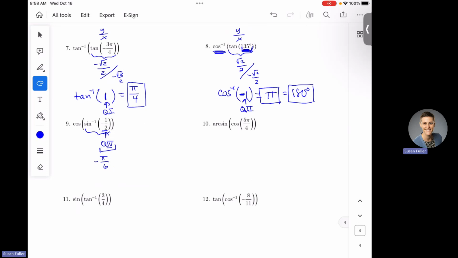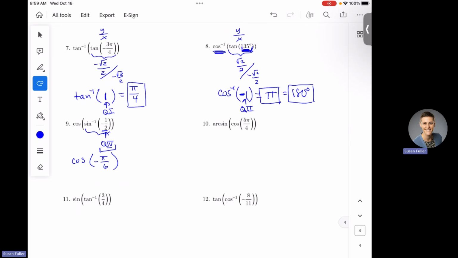If you have a hard time logicking that out, just subtract 2 pi from that 11 pi over 6. So when you subtract 2 pi, that's the same as subtracting 12 pi over 6, and 11 pi over 6 minus 12 pi over 6 gives us that negative pi over 6. So whichever way your brain likes, you can go with that. Just make sure it's a negatively rotating angle in quadrant 4.